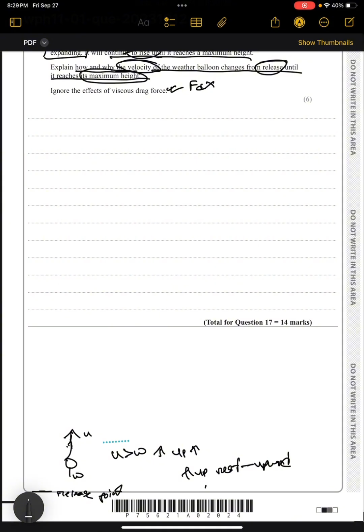But as it reaches its maximum height, the upthrust is equal to rho V g.